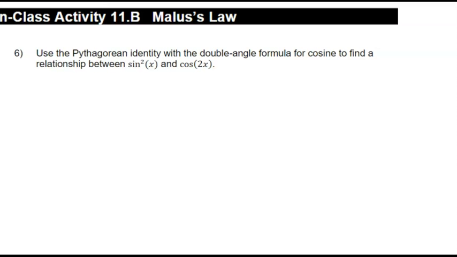Use the Pythagorean identity and the double angle formula for cosine to find a relationship between sine squared x and cos 2x. Again, pause the video, think about this question, make an attempt, and let's see how it goes.